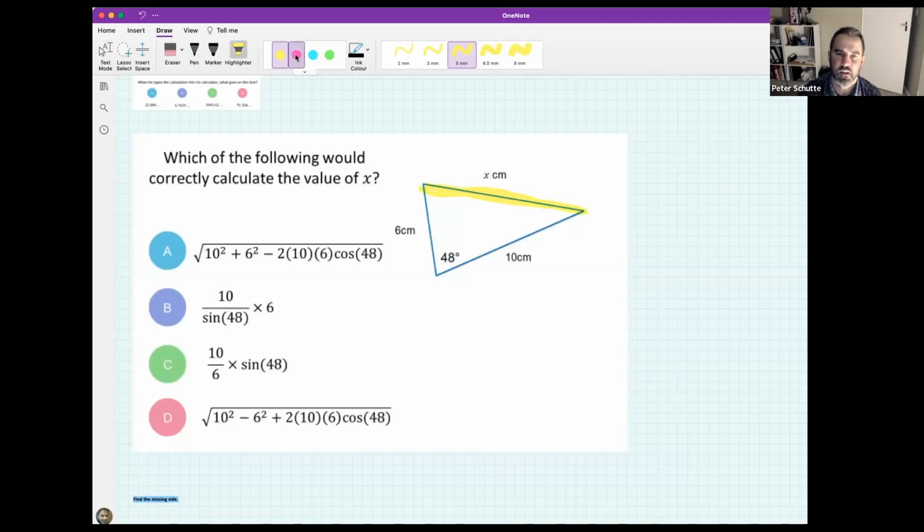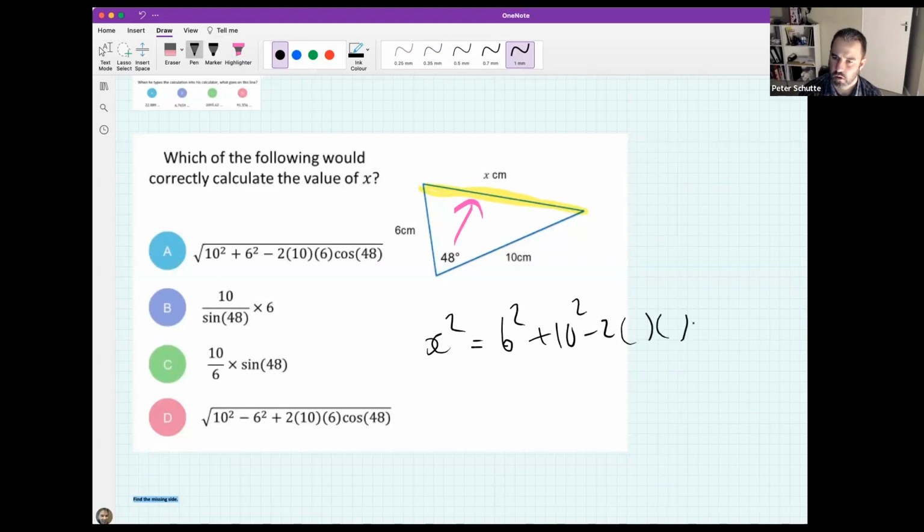So remember, this is the angle we've got. It's normally this one that's written by itself. So we're going to get, but what we want is x, and so x has to have a square root over all this stuff.